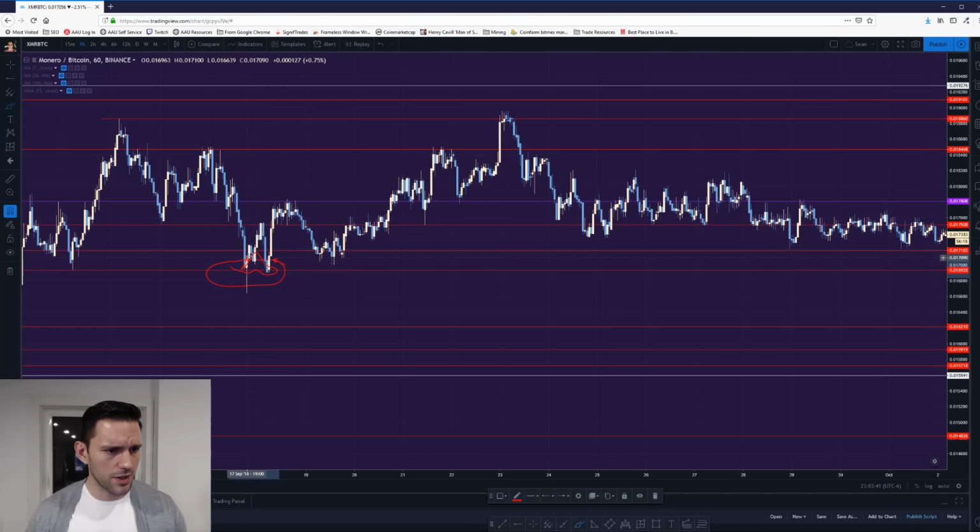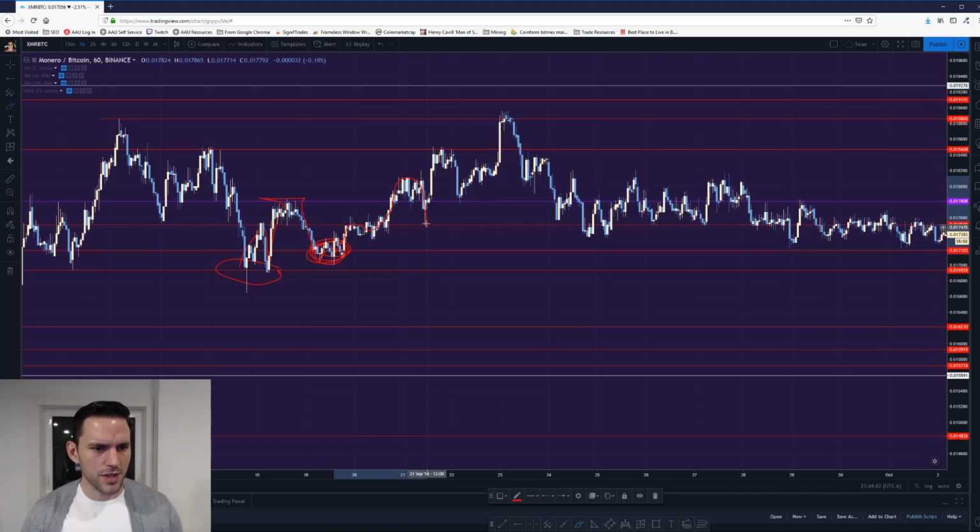This level's respected here. Good old magnet tool. It's never going to end with this magnet tool, I swear to God. It comes up, tests this level, comes back down, tests this, comes back up, tests the weekly. Comes back down and sits in this zone here, comes up, tests this level here, breaks the weekly, comes back down, tests this here, tests that there, tests this weekly, tests this daily, right?